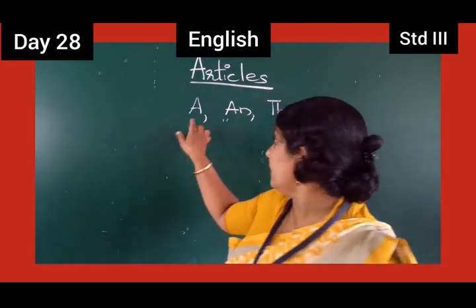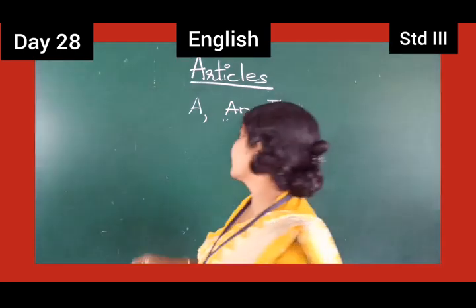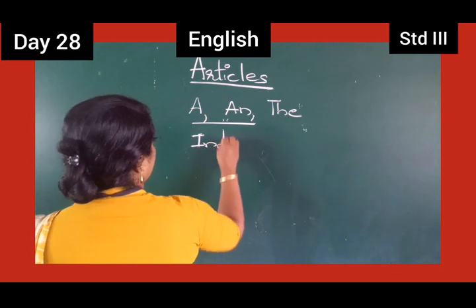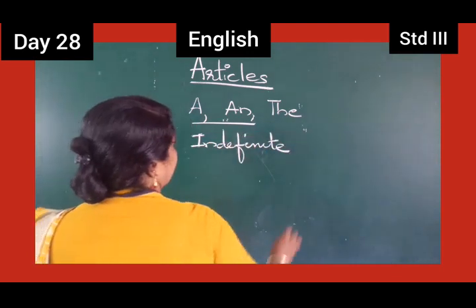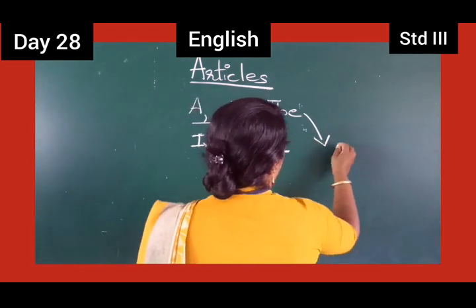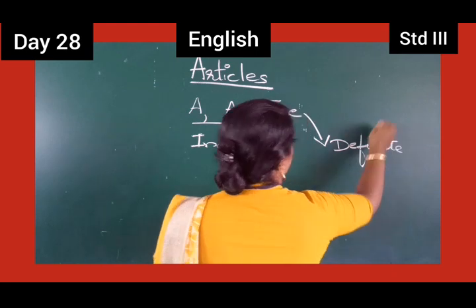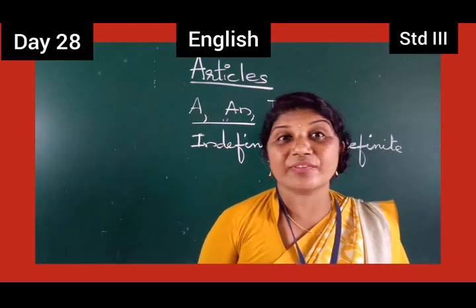Children, here a and an are indefinite articles. The is a definite article. Right, children? So, how many letters are there in the English alphabet?